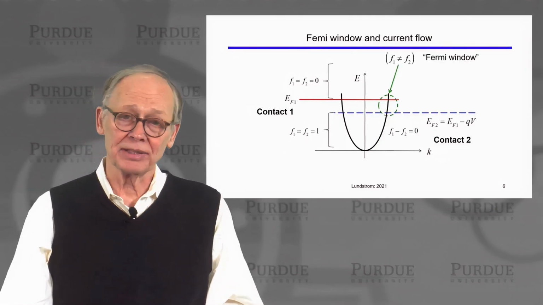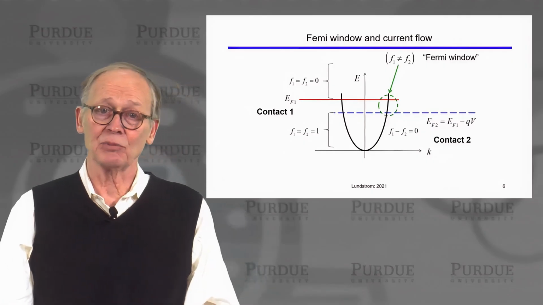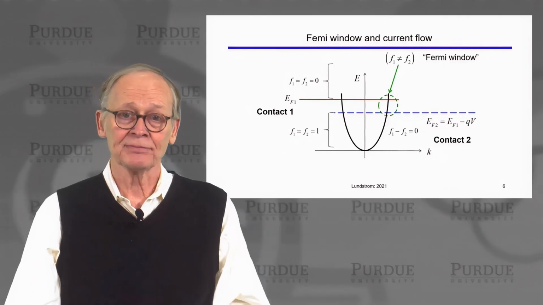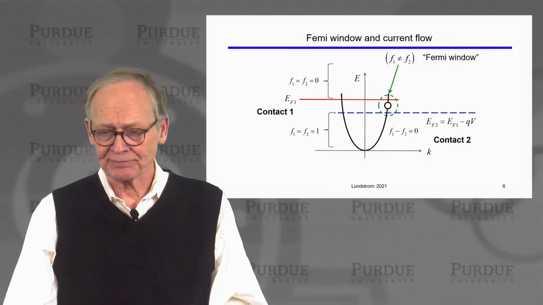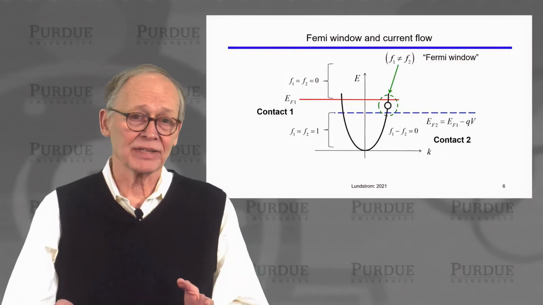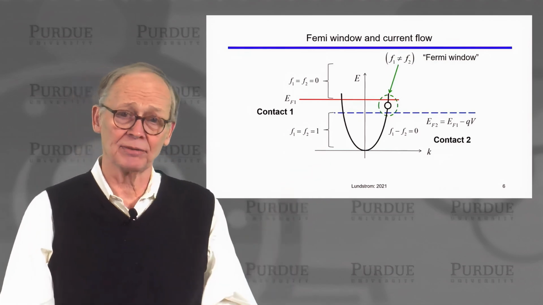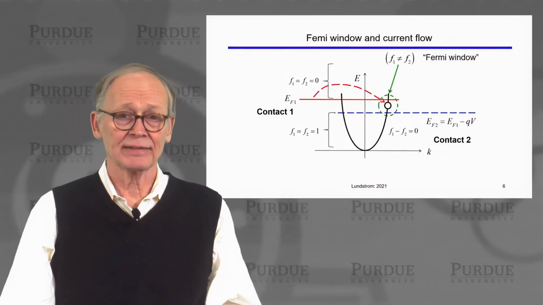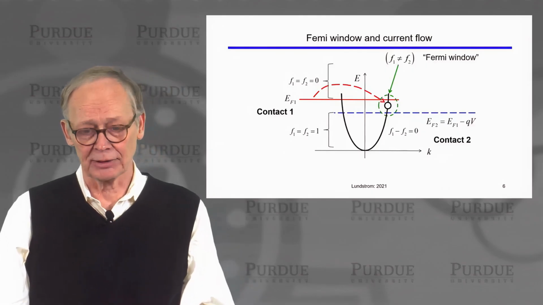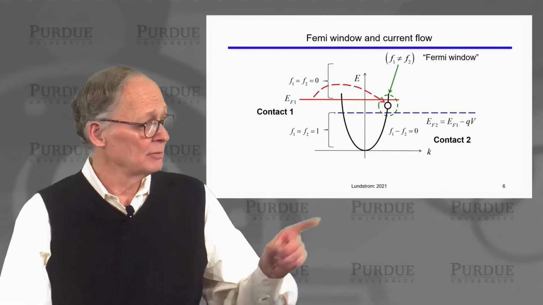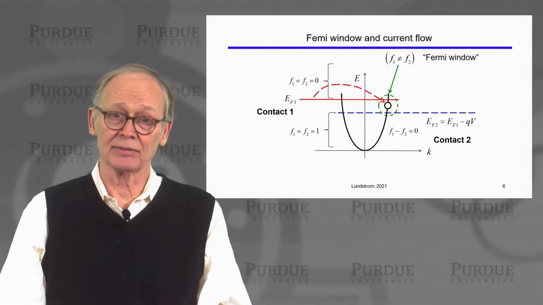The only states to be concerned about are states between the two Fermi levels. There, F1 does not equal F2. Current will flow. We refer to that as the Fermi window. So let's say we have a state there that happens to be empty. That state is below Fermi level 1, so contact 1 says that state should be filled and sends an electron in to fill it. But then contact 2 looks at that state and says that state is above my Fermi level.